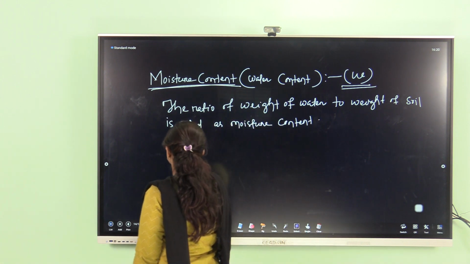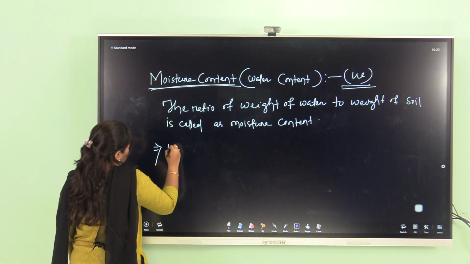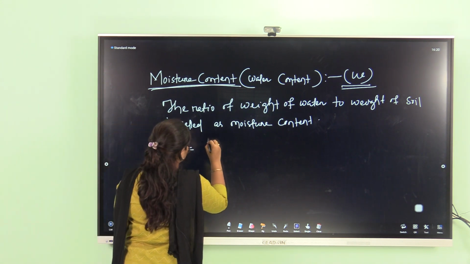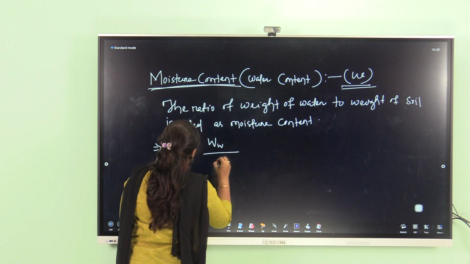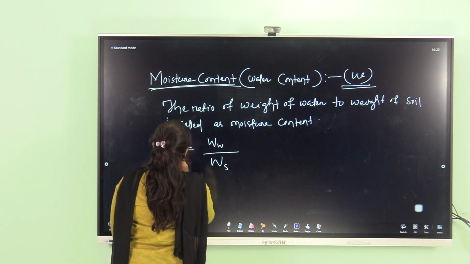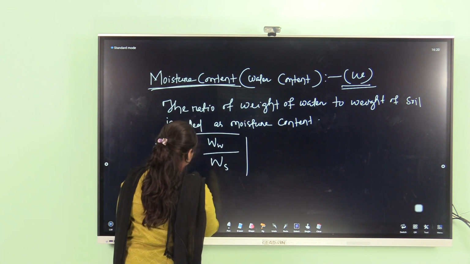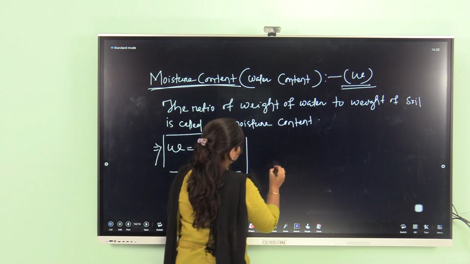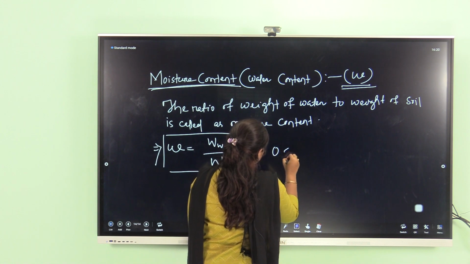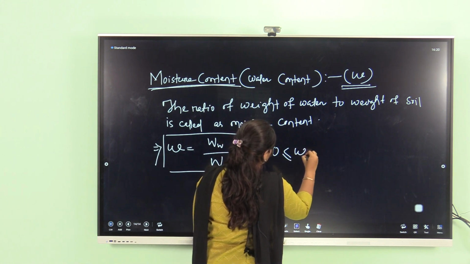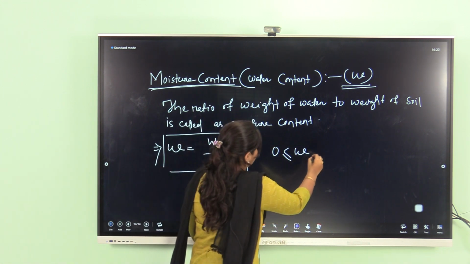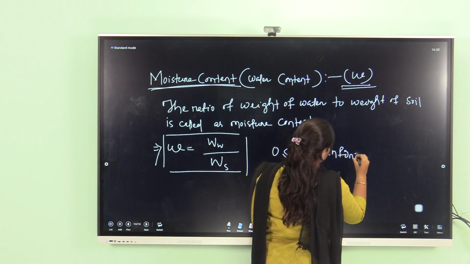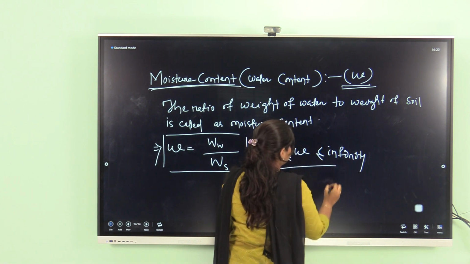Okay. We can write it as W equals to what? Ww upon Ws. Moisture content value can lie between 0 to infinity. Okay.